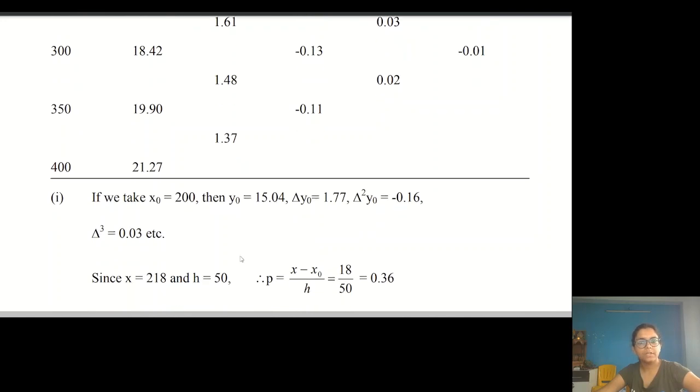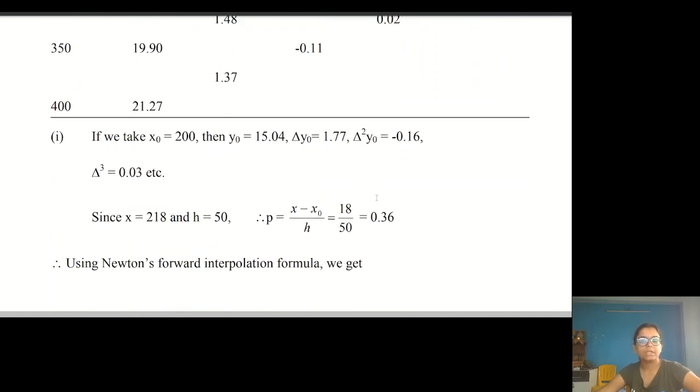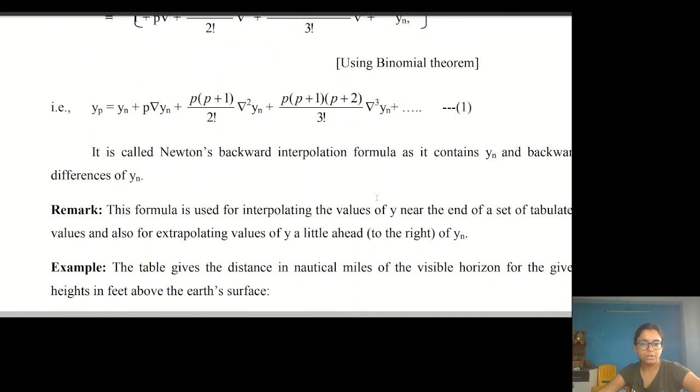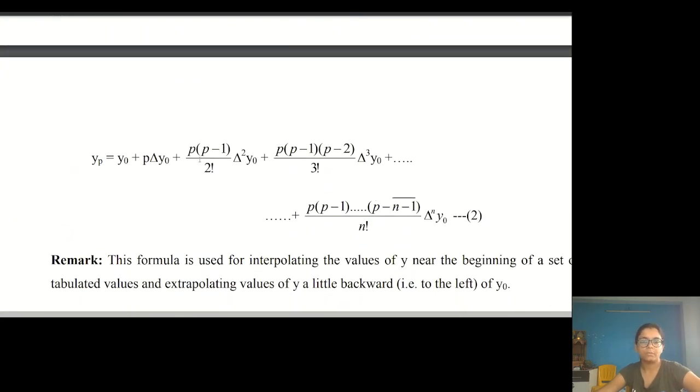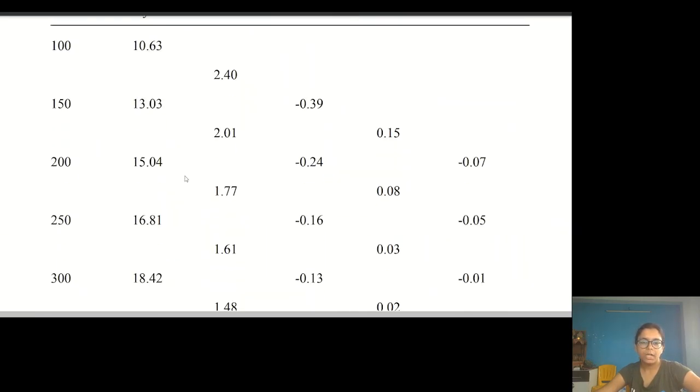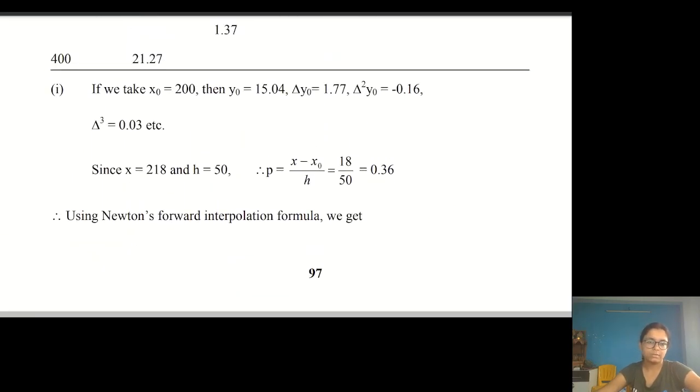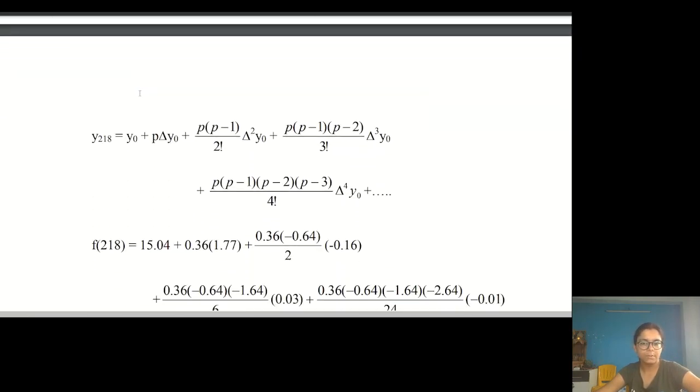And that's how we would take the Newton forward interpolation formula to generate the answer for this value. For p, how would we get p? We take x minus x naught by h, 18 by 50, and so you can see the whole procedure here.